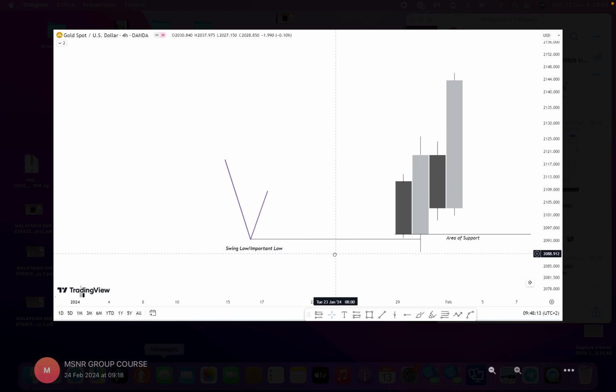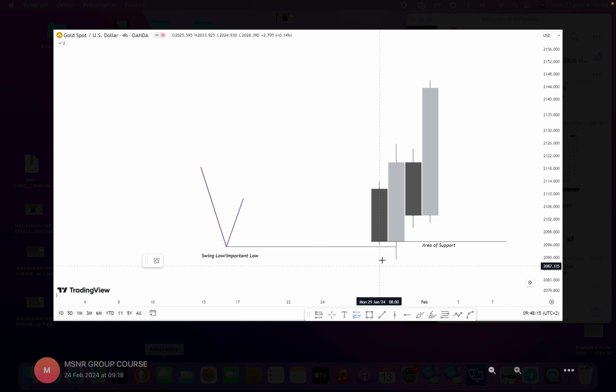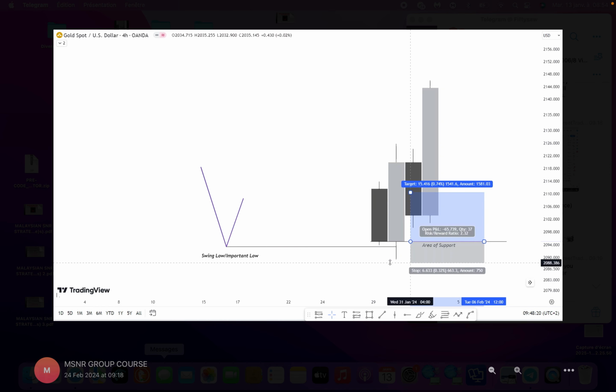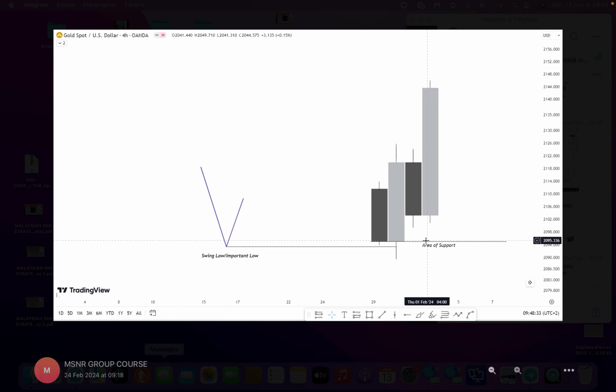You'd want to be a buyer at this area, right around here, with your stop loss below that candle. But remember, this is just hypothetical. When we go to the market, we use tentative stop loss on most of our trades. So ideally, you'd want to be a buyer from here.